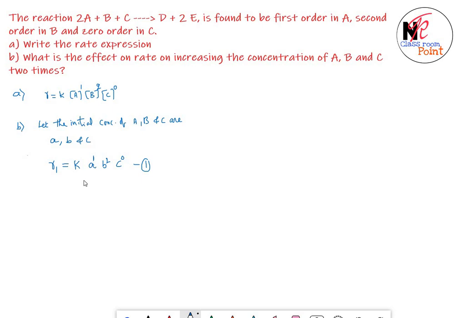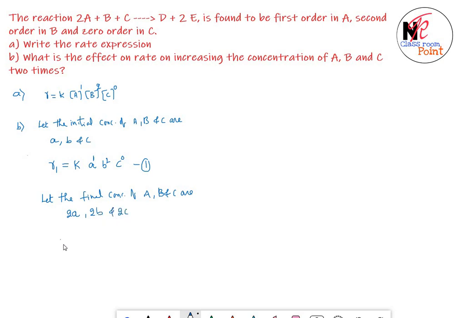Now, after increasing the concentration of these reactants 2 times, let the final concentrations of A, B and C be 2a, 2b and 2c.